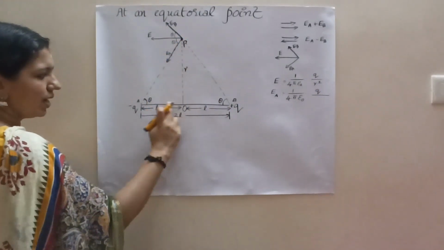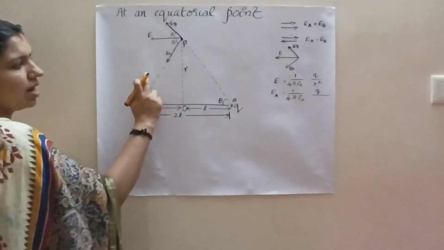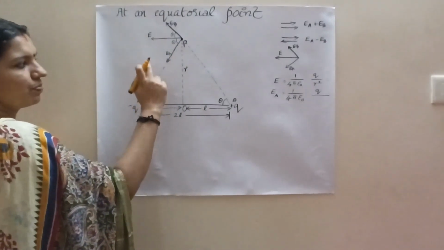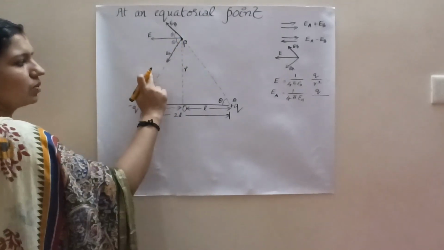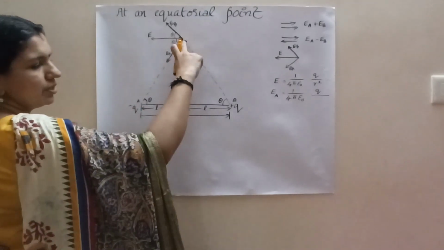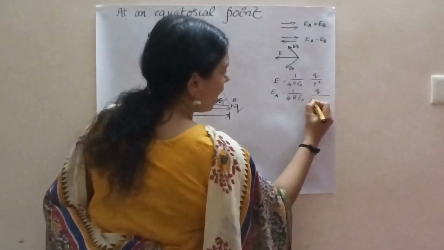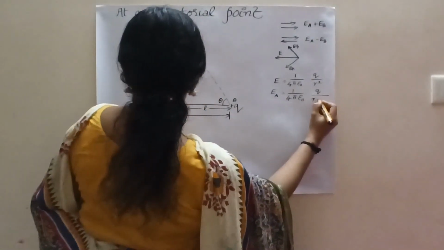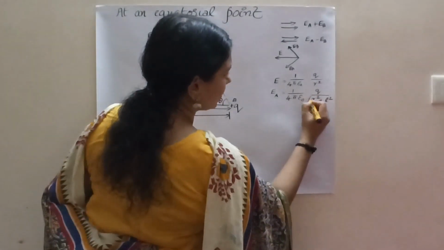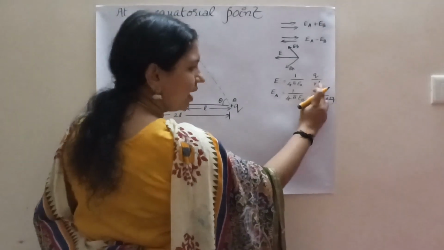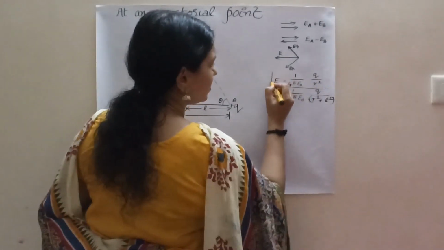From this triangle, I can write what is R square or this distance. This is my distance here. How can I calculate? Hypotenuse square is equal to base square plus altitude square, isn't it? So how can I write? The equation is R square plus L square. Since it is R square, I can write it as R square. This is the general equation. Don't get confused.